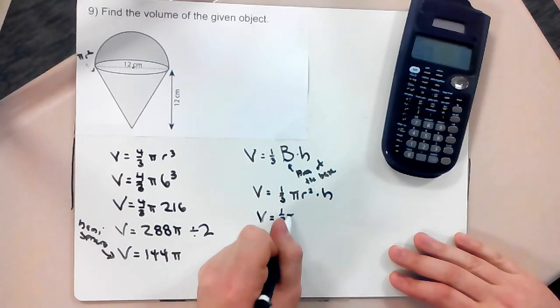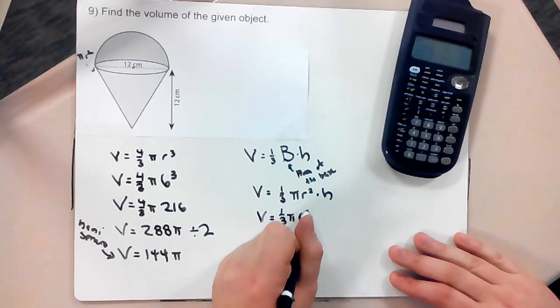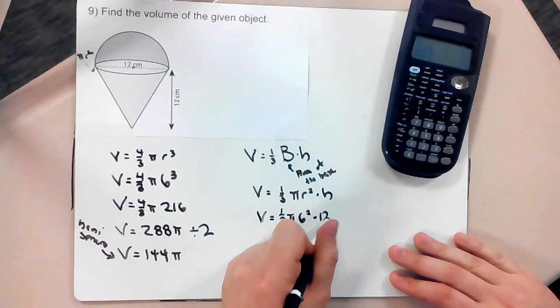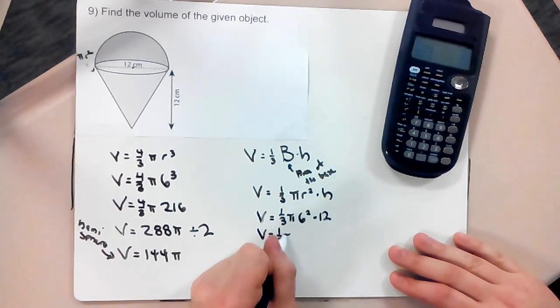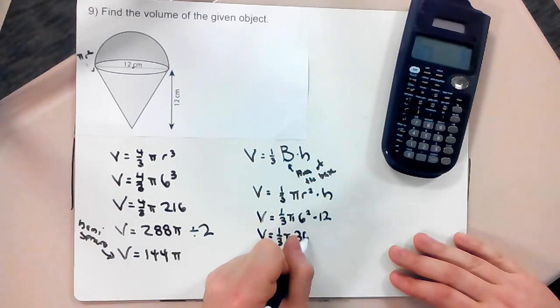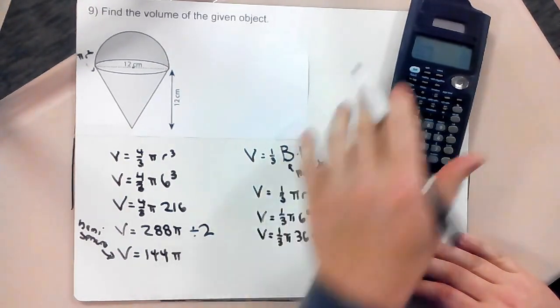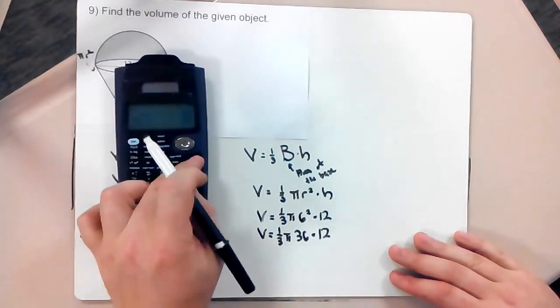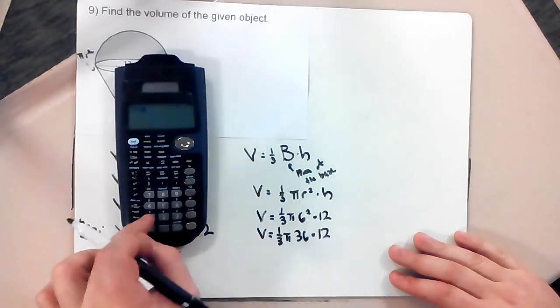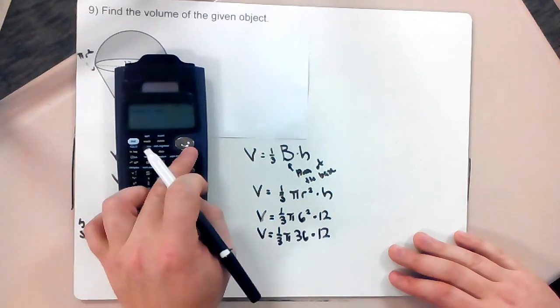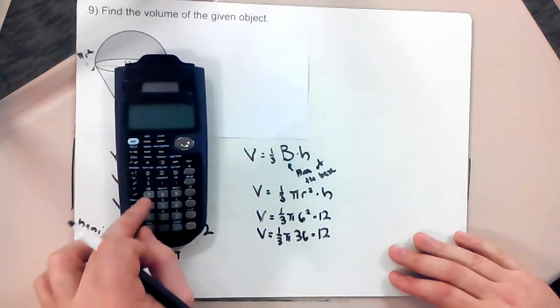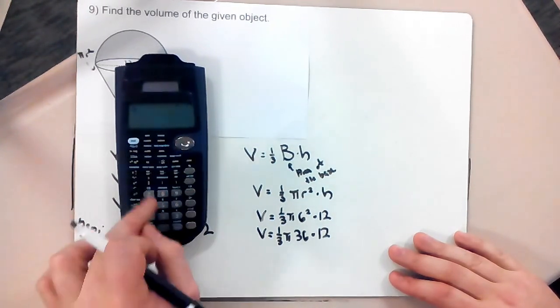So that's 1/3 times 6 squared times 12. That's V equals 1/3 pi 36 times 12. Let's plug that in. 36 times 12 times 1. Ooh, I almost divided it. Let's try it this way. 1/3.